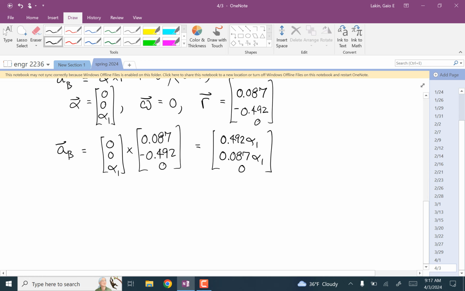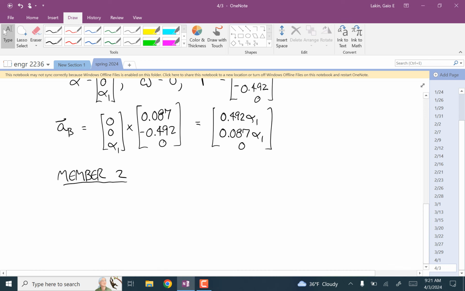And then go to member 2 and do the same thing. This one doesn't have a fixed point, so you're going to have to use relative motion. So take a few minutes and do that one.